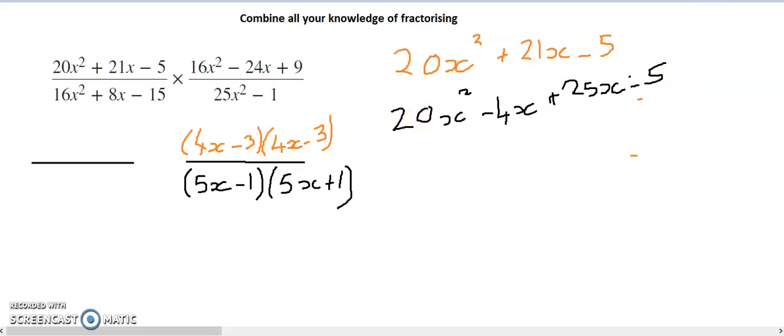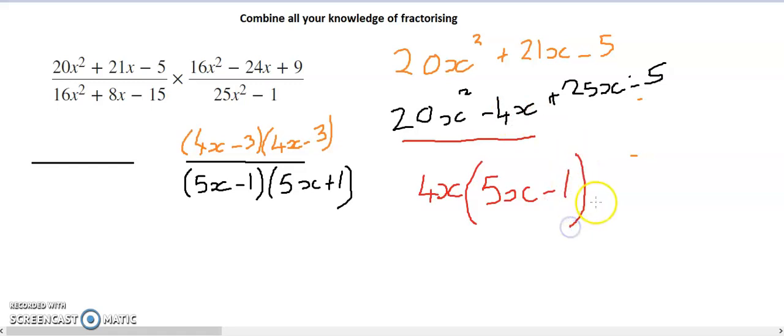So I'm just going to look at this part here, 20x squared minus 4x, and there is a factor of 4x. So if I divide 20x squared by 4x, that will give me 5x minus 1, because 4x divided by 4x is 1. And then again, I'm going to look at 25x and minus 5, and a common factor is 5.